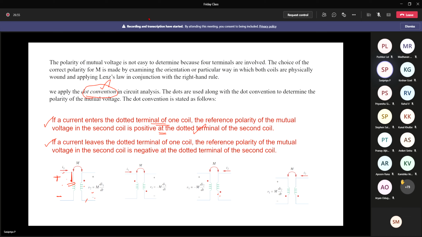The first statement: when you have a current entering at the dotted terminal, the reference polarity of the mutual voltage is positive at the dotted terminal. Second, if the current leaves the dotted terminal, then the polarity of the mutual voltage is negative at the dotted terminal. Hope the statements are clear. I think you are able to understand.